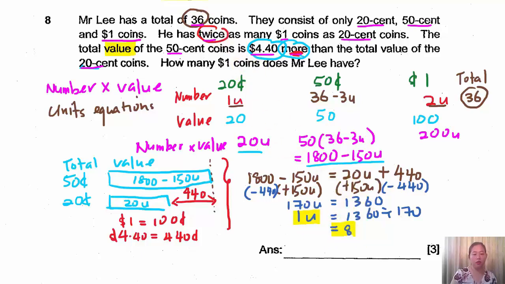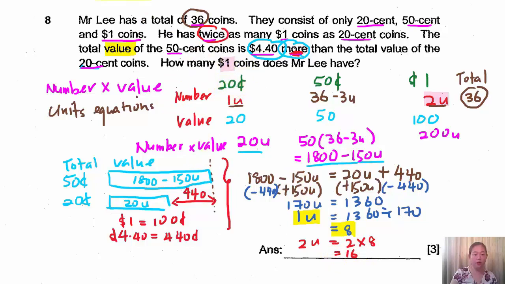So how many $1 coins does Mr. Lee have? It's actually 2 units. So now we can find our answer. 2 units is equal to 2 times 8, which is equal to 16, and we have completed the question.